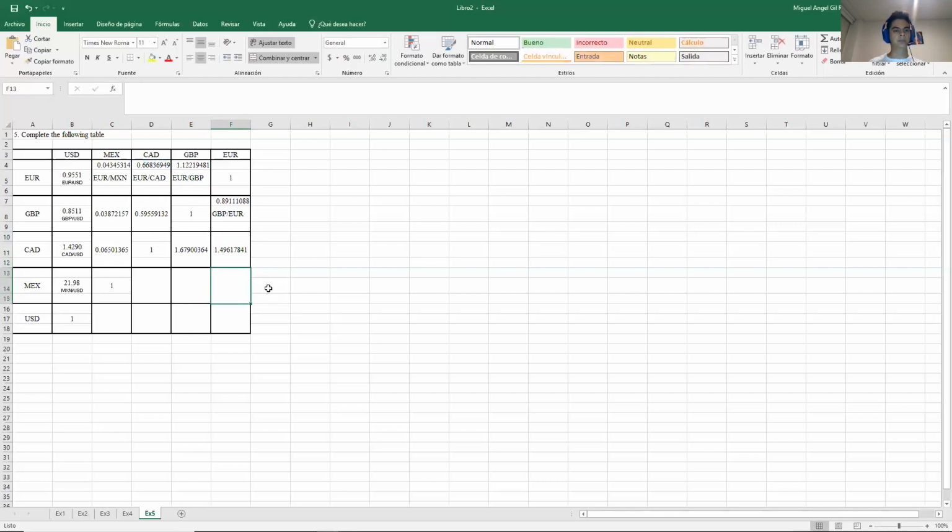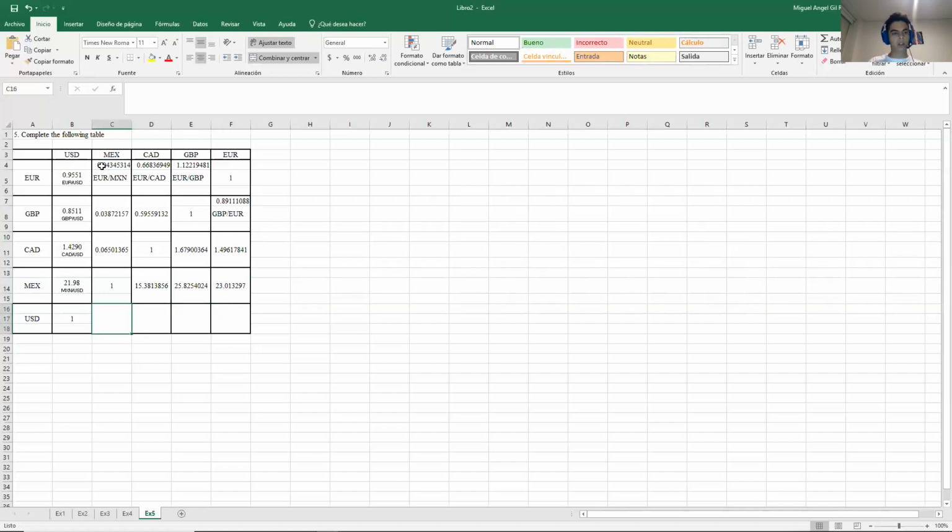which is this one. With the peso, we have 1 over the Canadian over peso, which is this one. Then we have 1 over the pound over peso, which is this one. And finally, 1 over with the euro, which is this one over here.